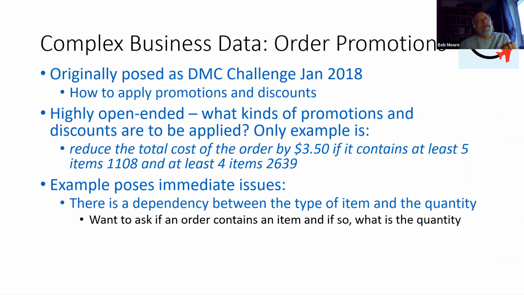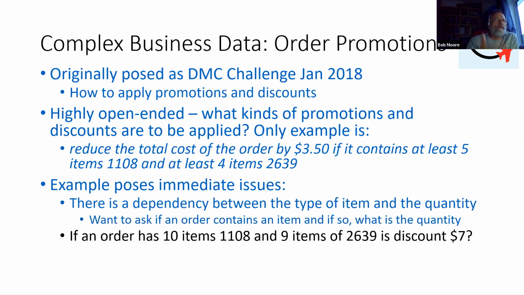But then if I have a quantity associated with that, how do I say, well, I'm interested in that quantity of that item? All I've established so far is that there's an item on the list. So there's a dependency between columns there that causes an issue.